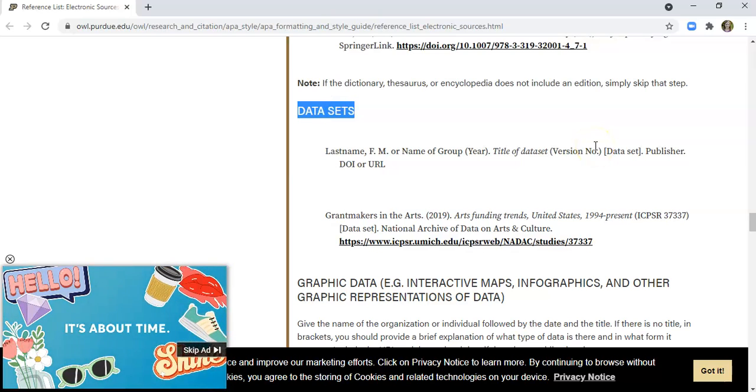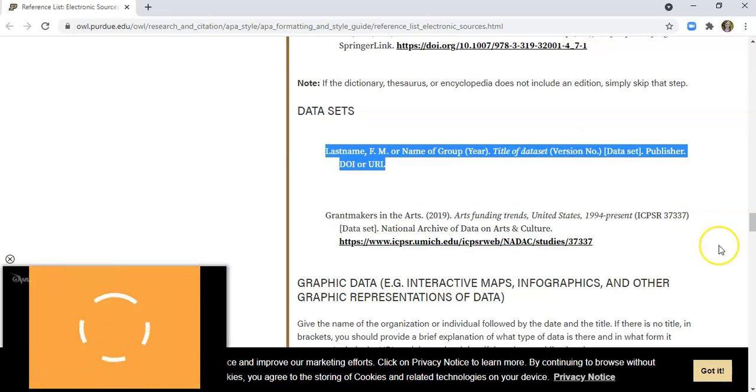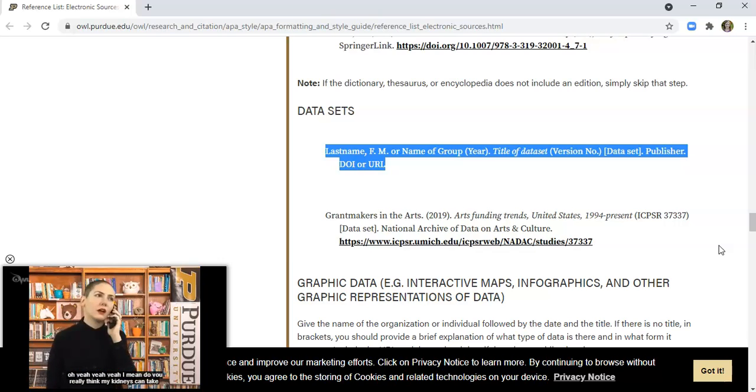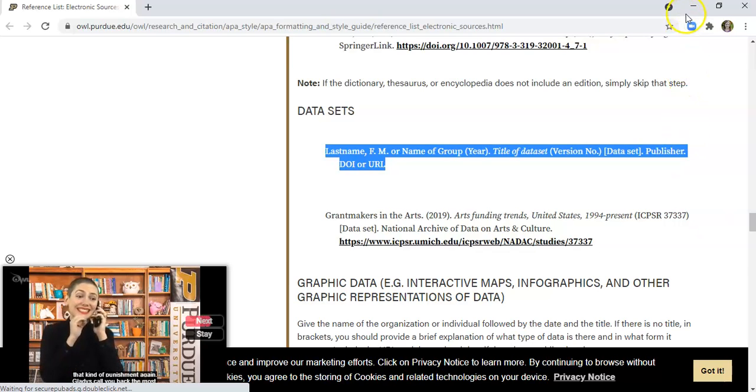And so if a citation isn't included in ICPSR's page for the particular study that you're proposing to use, then you just have to follow this general APA format to create that citation on your own. So I want to make sure that it is included in some way, shape, or format, so that I can go back and see the actual data set that you're proposing to use.